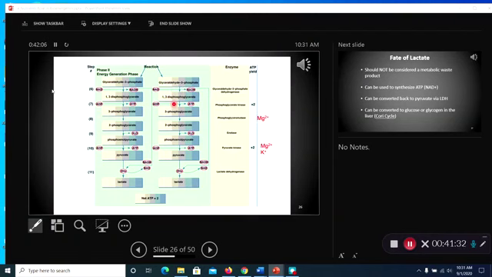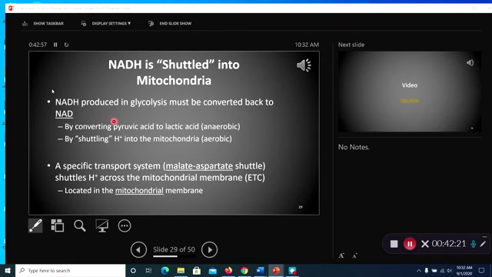Okay. NADH is shuttled to the mitochondria. So any NADH created in anaerobic glycolysis could be shuttled into the mitochondria. Okay, there's a process for that. So the two main fates of NADH created in anaerobic glycolysis is either one, used to help convert pyruvic acid to lactic acid, or those hydrogens can be shuttled into the mitochondria into the electron transport chain.